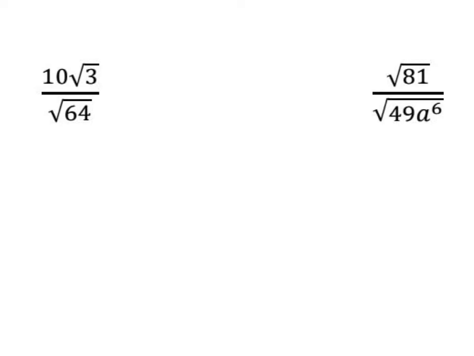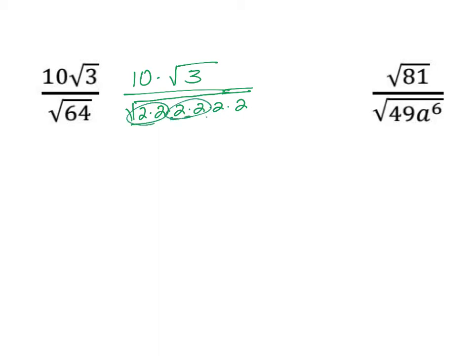All right, let's try this one here. So I'm going to stretch everything out and then go from there. So for the numerator, we have 10 times the square root of 3. You can't do much with that. And the denominator, I'm going to have 2 times 2, 2 to the 6th power. I am not able to cancel anything out. I don't have any 1s. So then my next step is going to be to circle. So I'm going to circle any pairs that I can because my index is a 2.